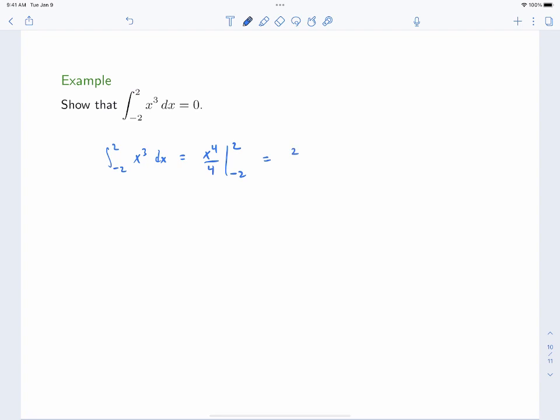So that's going to be 2 to the fourth over 4 minus, and now we have a negative 2 to the fourth over 4, which is the same as, well, 2 to the fourth is 16 over 4, minus, and here we have a negative 2 raised to the fourth. Well, negative 2 times itself 4 times is still going to give you positive 16 over 4. So you have 16 over 4 minus 16 over 4, which is 0, which is what we wanted to show.